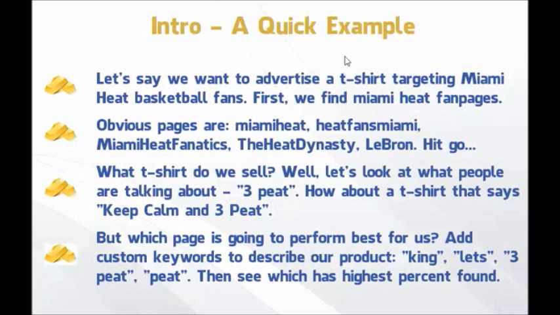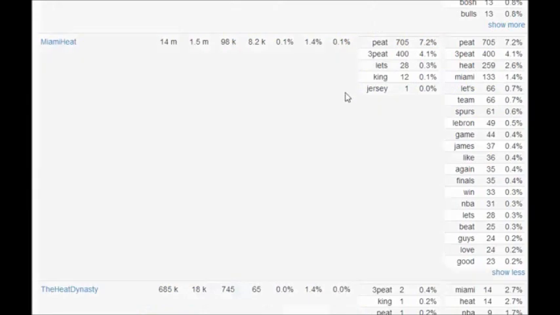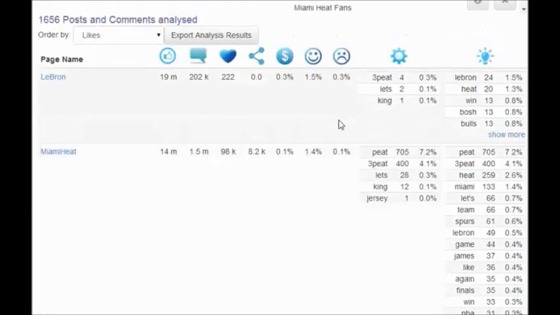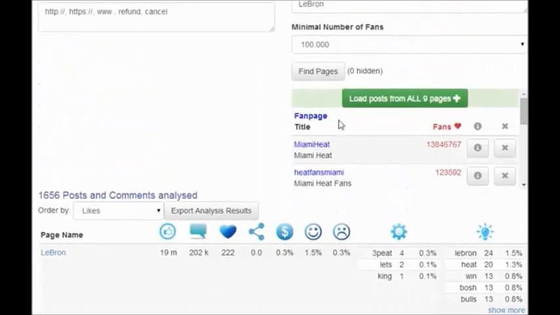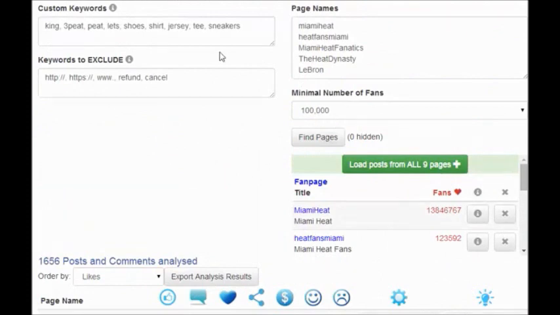Well, what we can do is take some of the words that describe our product. At this point, I've already done this research previously, and I've come up with a list of words that I think describe the kind of product we would want to sell. So I'm thinking of including a slogan which has either the word three-peat or peat in it. I've included "let's" because it seems to appear quite a bit on team pages, and it's kind of an inclusive thing, getting behind your team.